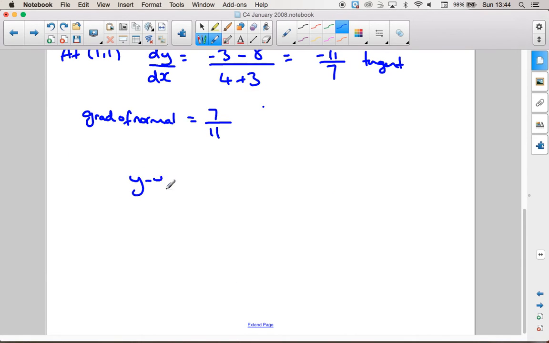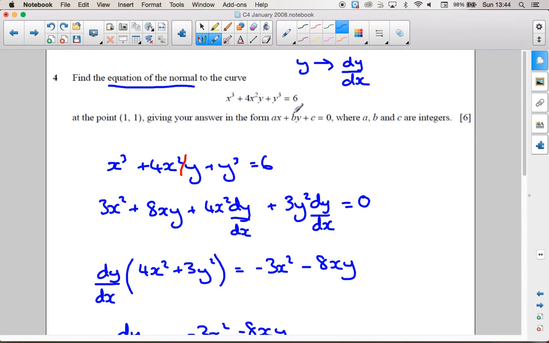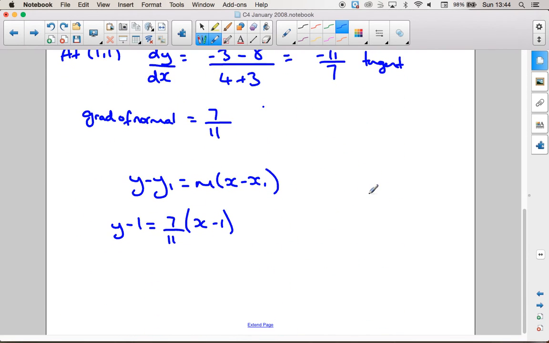Then we can use y minus y1 equals m times x minus x1, using 1, 1 and 7/11 to get the equation of that line. It says give it in the form ax plus by plus c equals 0, where a, b and c are integers. So the first thing I'm going to do is times everything by 11.